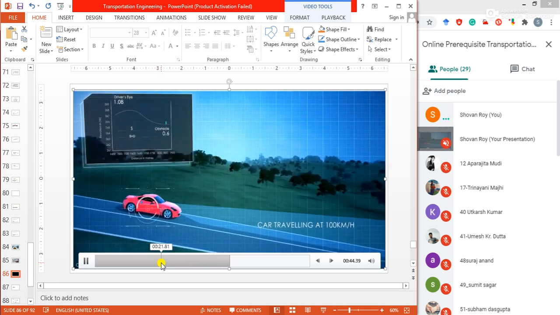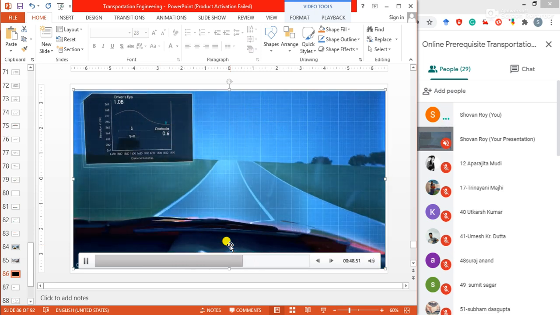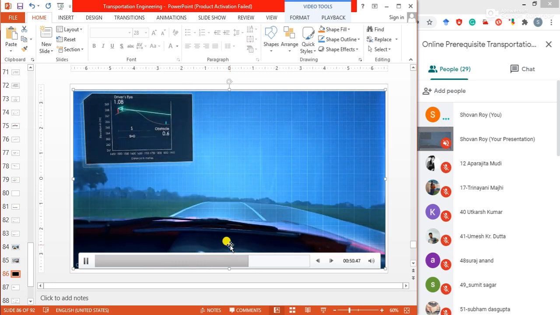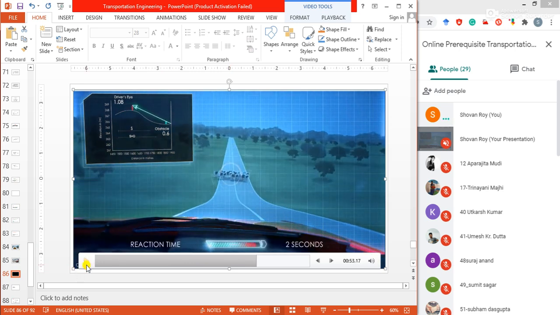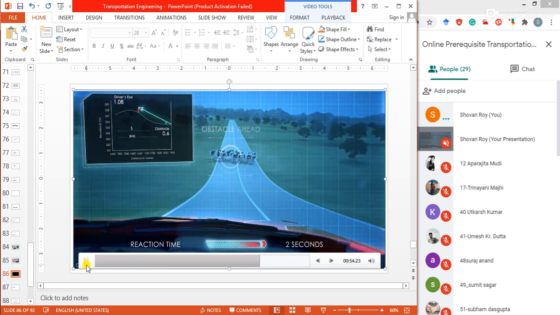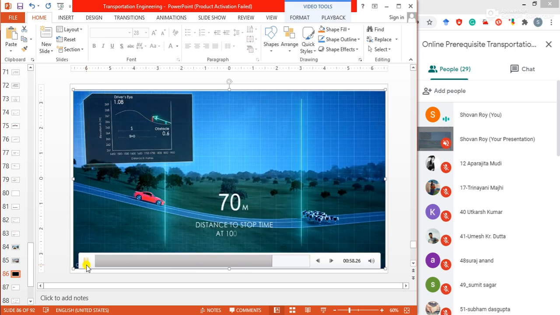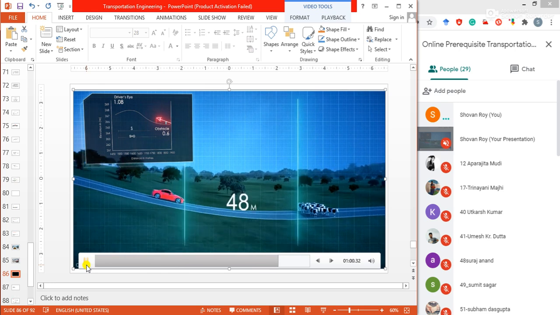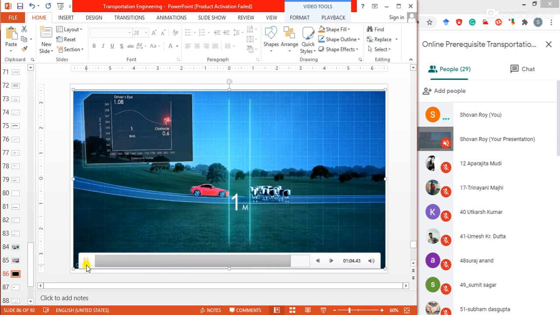Again the car is traveling in the same vertical curve, but in that situation the driver can see the obstruction very easily, and proper sight line and sight distance is there.